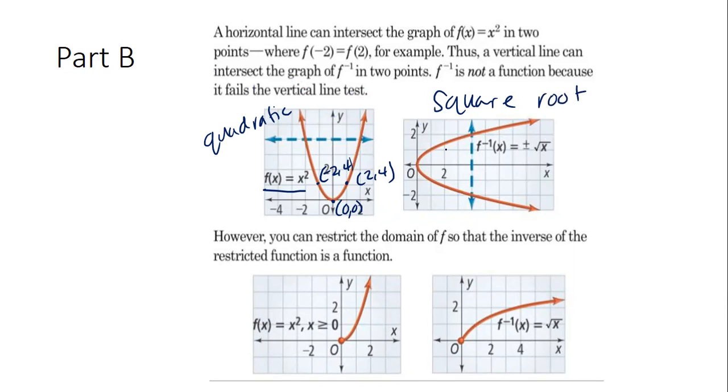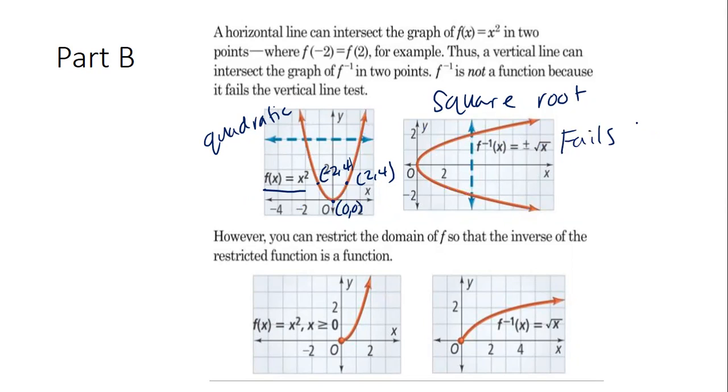Okay, right now, the square root, this isn't a function. So if I found the inverse of the quadratic, it is the square root, right? So instead of it being vertically concave up, it's now horizontally concave to the right. Do we see that? But what does it fail? What is that test called?